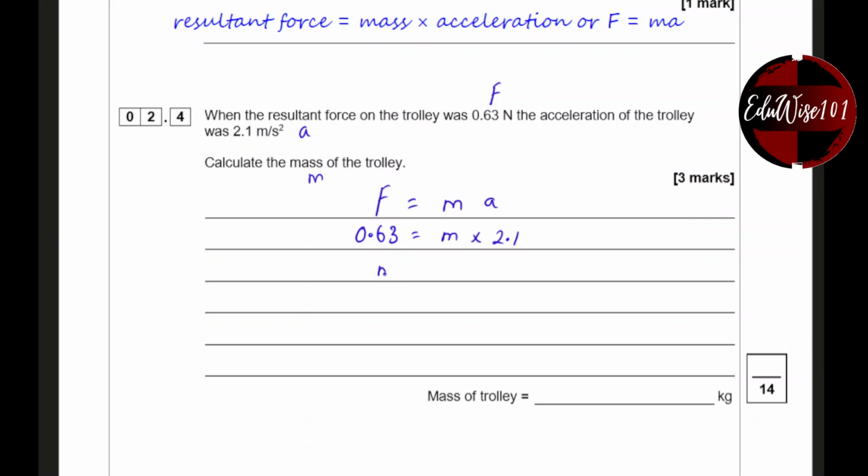So the mass is 0.63 divided by 2.1, and that gives me a mass of 0.30 kilogram.